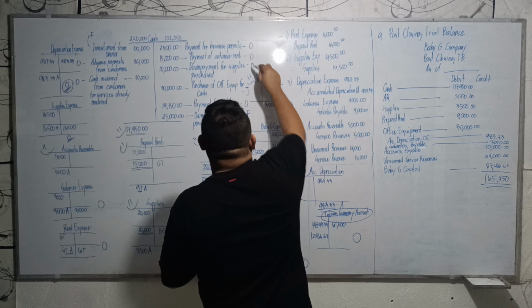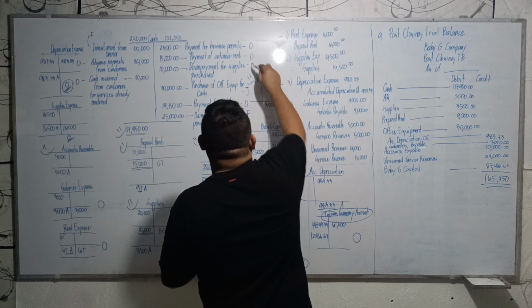So 165,450. And here, if you're going to total the debit, it is 117,950 plus 5,000 plus 3,500 plus 9,000 plus 30,000. And you will have also a balance of 165,450. And that's it for step 9 of the accounting cycle, the preparation of the post-closing trial balance.